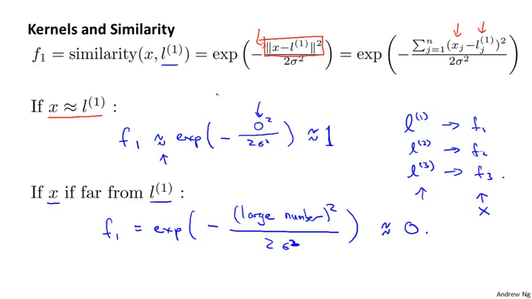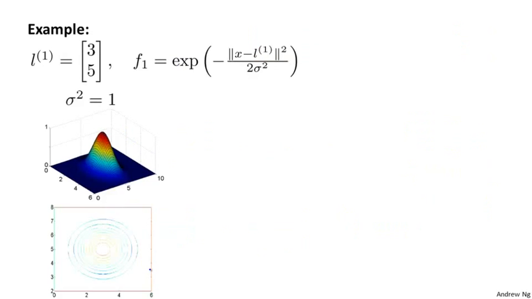But first, let's look at this exponentiation function. Let's look at the similarity function and plot it in figures to understand better what this really looks like. For this example, let's say I have 2 features, x1 and x2, and let's say my first landmark L1 is at location 3, 5. And let's say I set sigma squared equals 1 for now.